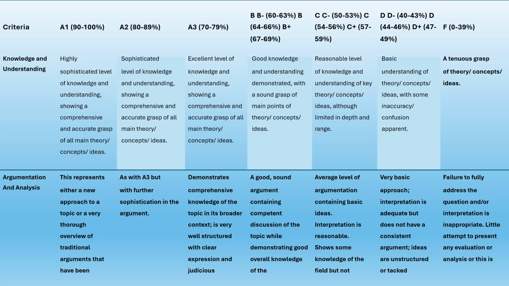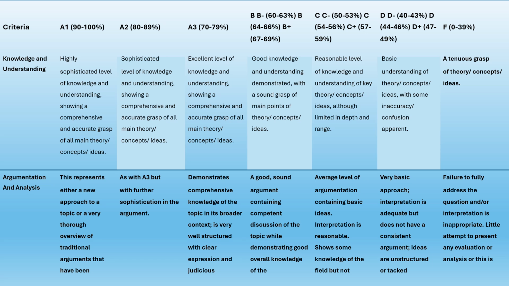The next section they might look at specifically for that task is argumentation and analysis. You see here, the difference between A1 and A2 is that this represents either a new approach to a topic or a very thorough overview of traditional arguments. Same as A3, but with further sophistication in the argument.